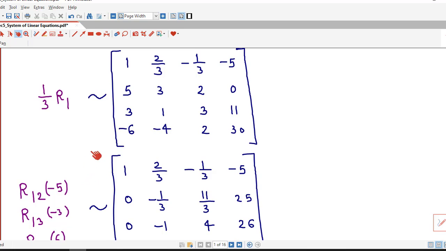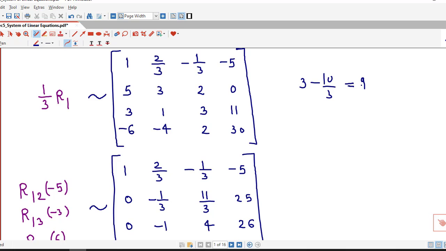First we operate on the second row, multiplying the first row by -5 and adding here. So 1 into -5 is -5, plus 5 is 0. Then 2/3 into -5 is -10/3, plus 3.